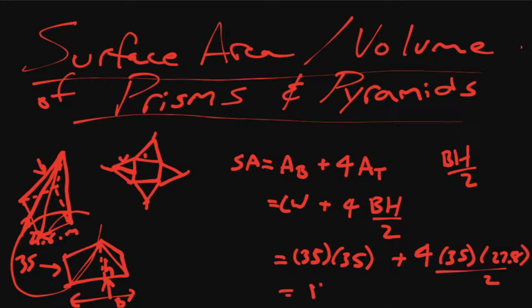And if we do a little bit of mental math, we end up with a total of 3171. I didn't do mental math, I actually have it written here. So that was basically how easy it is to find the surface area of a pyramid.